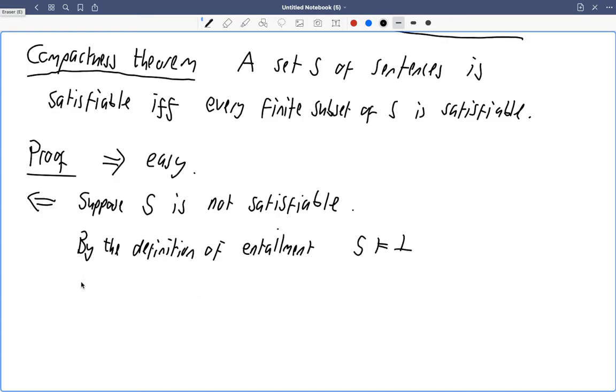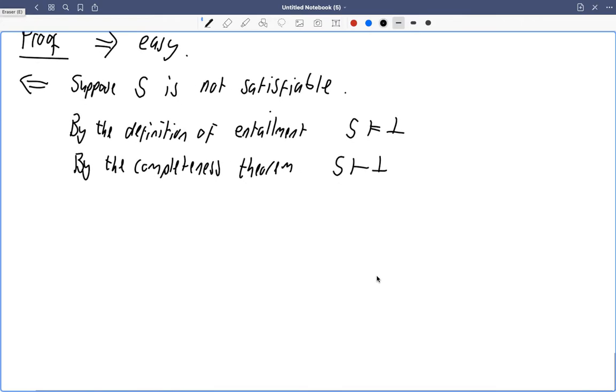So then by the completeness theorem, that means we have a proof of false from the sentences in S. But a proof is a finite syntactic thing. It's a finite sequence of formulas.